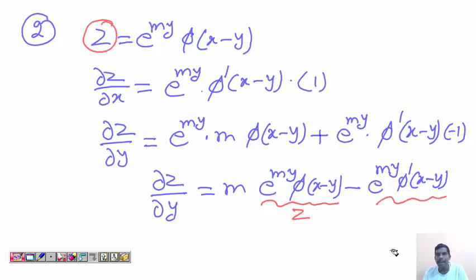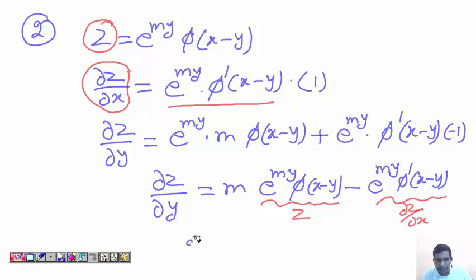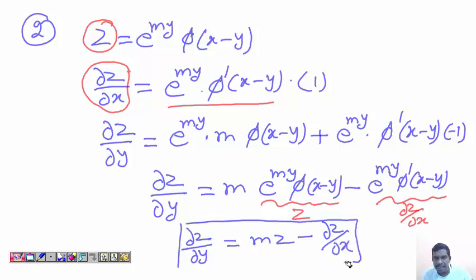And this one term, e to the power of my phi dash of x minus y, can be replaced by dou z by dou x. Then I can write the equation as dou z by dou y is equal to m into z minus dou z by dou x. This is our partial differential equation.